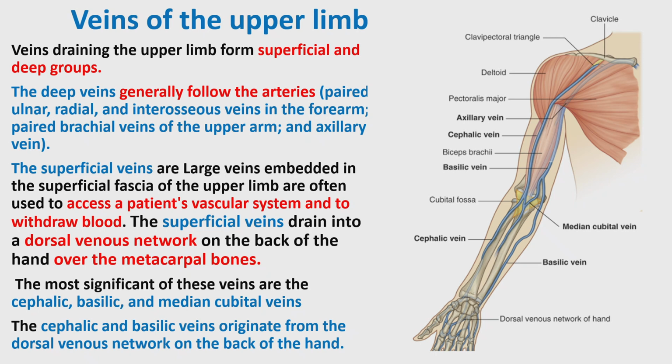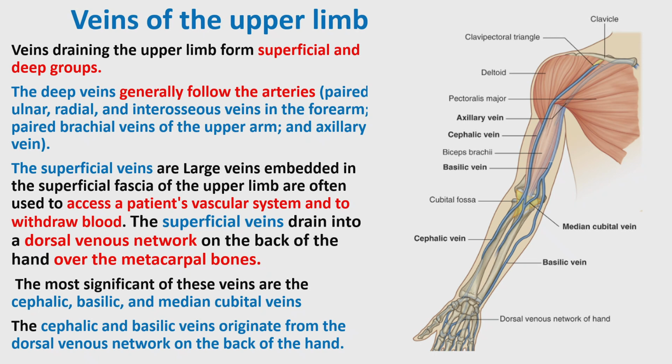It means that we have paired ulnar veins, radial veins, and interosseous veins in the forearm region. In the arm region, we have two paired brachial veins in the upper arm, and then it continues as one axillary vein. Superficial veins have a different course than the artery.